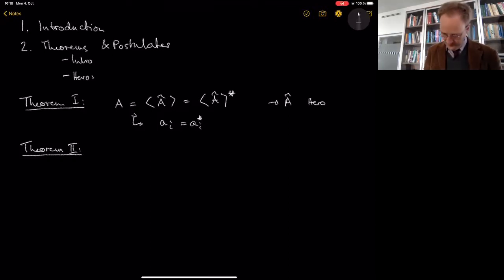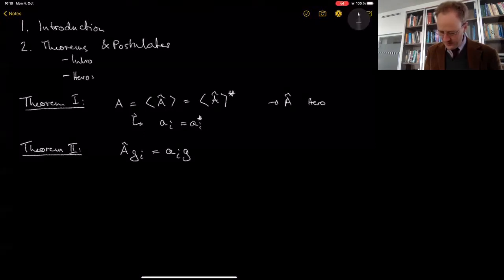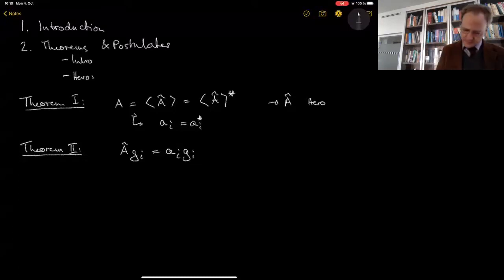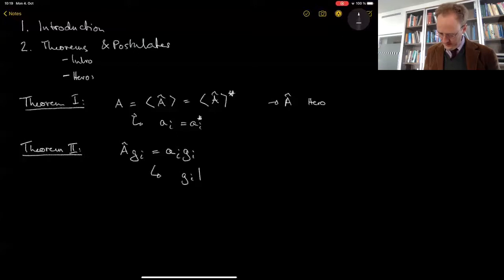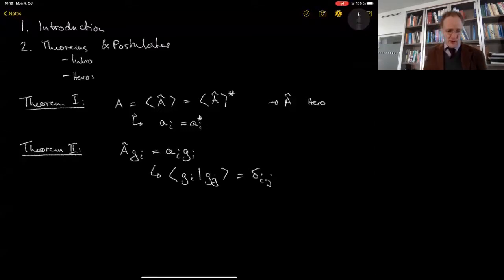So you have some eigenfunction, you would get the eigenvalue and the eigenfunction back, and then any inner product between such eigenfunctions gives you the Kronecker delta function. Okay.